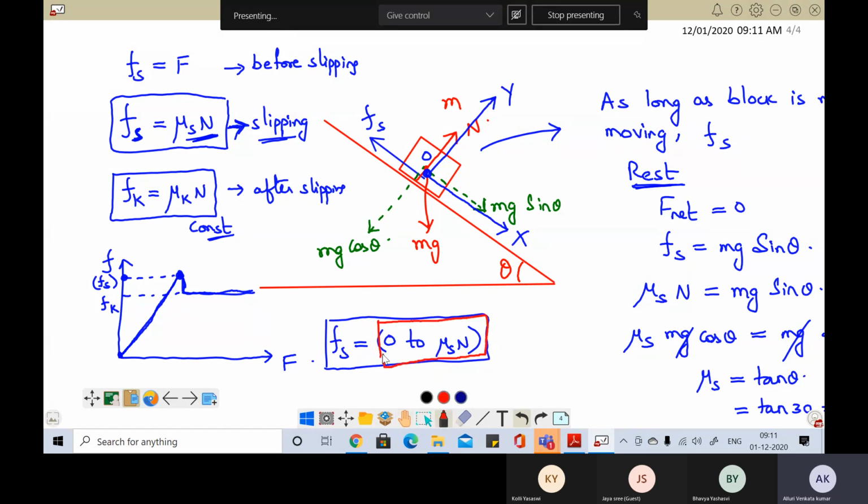Whenever we ask about static friction, they always say mu s times N. No, it always takes a value from 0 to mu s N. This is the range, and this entire thing is static friction, and this becomes maximum. After that, it is kinetic friction. Kinetic friction will generally be less than static friction, but it is a constant. Static friction force is variable, but kinetic friction is a constant.